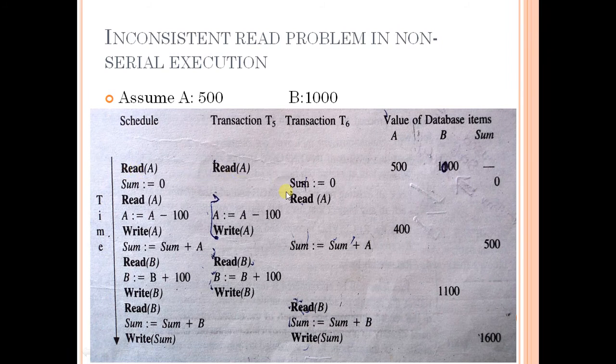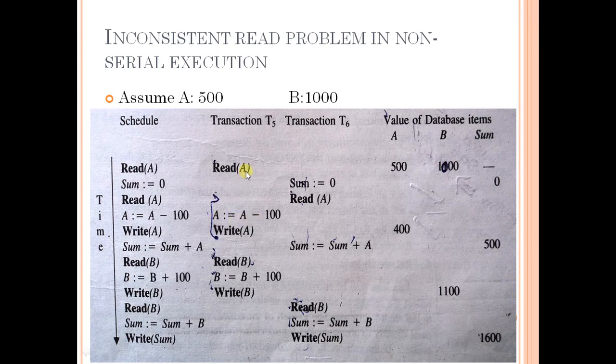Okay, very simple. Now initially A is 500 and B is 1000. So when T5 reads A, it reads it as 500. Then the CPU shifts to T6, the sum initializes to 0 and it reads A. This will read from the hard disk, so it will read 500. Now processing will switch back to T5, its next two statements.